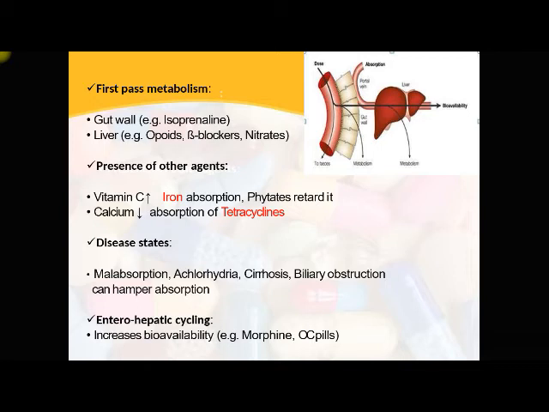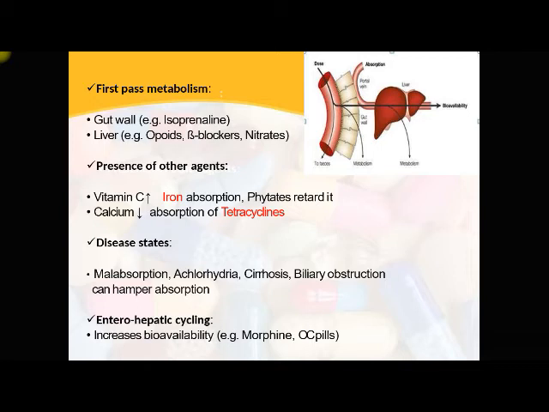Retard means they decrease the iron absorption. The second example is the most common one: if tetracyclines are given along with calcium, then complexation happens between calcium and the tetracycline, and thus it reduces the absorption of the tetracycline.